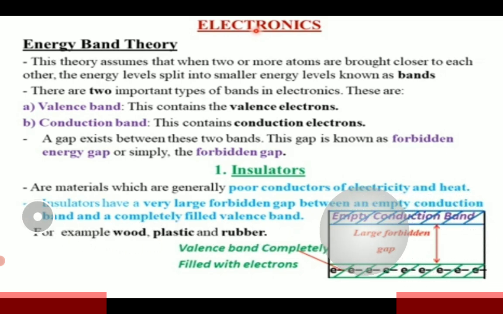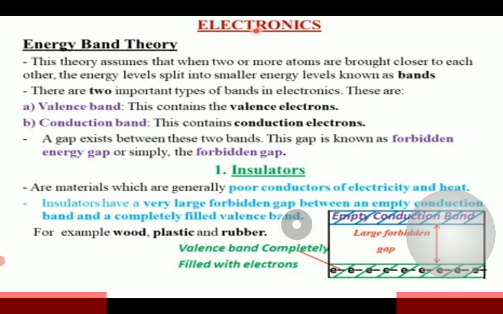So if they ask you to explain why insulators do not conduct electricity, it's because they have a very large forbidden gap between an empty conduction band and a completely filled valence band. So already we have a mark there.